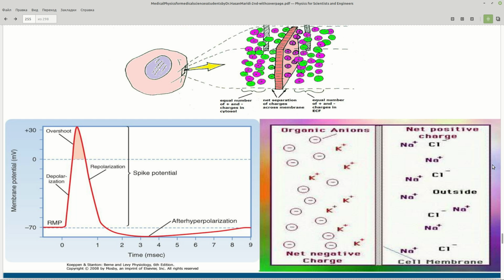The electrical signal then goes to the atrioventricular node, AV, which initiates the depolarization of the ventricles.